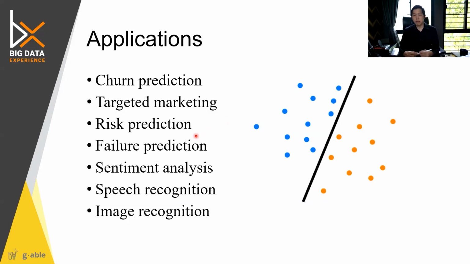You can use classification to assess risk, such as the risk of a device failing or the risk that a customer would not pay. This is risk prediction, or failure prediction. For a manufacturer, you might want to predict which batch would fail the QC or not.